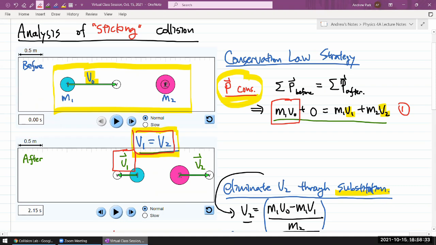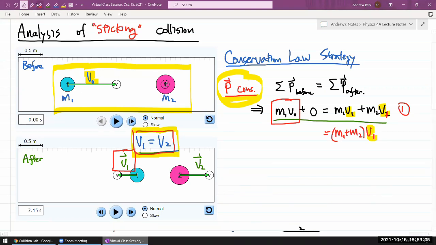Instead of having V1 and V2, I can say it's just going to be V1 and V1, or simplifying it even further, it's going to be M1 plus M2 times V1. Then it's really simple. I have one unknown, one equation. I can solve for it. So let's do that. My solution for V1 is V1 is equal to M1 divided by M1 plus M2 times V0.